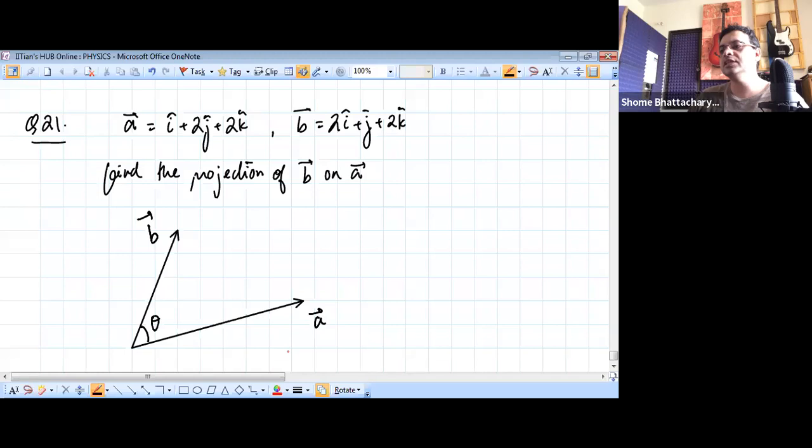To find the projection of vector B on vector A, we have to drop a perpendicular from B onto the vector A. Just like if A was the x-axis, then the component of B along the x-axis. So the component of vector B, or the projection of vector B along vector A, now becomes this. This thing is what we are looking for.